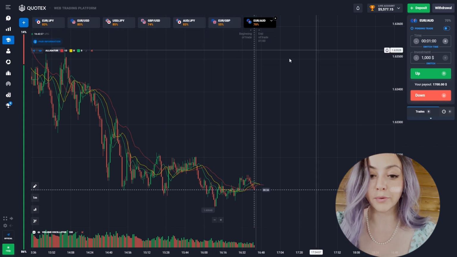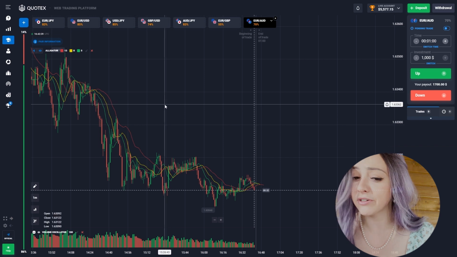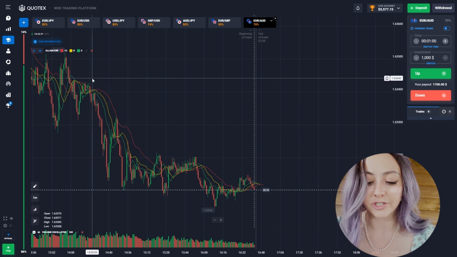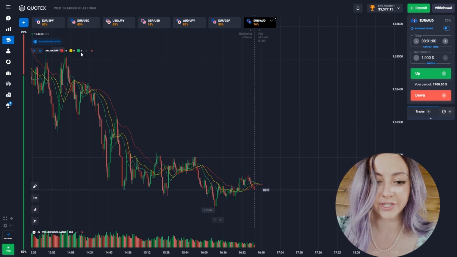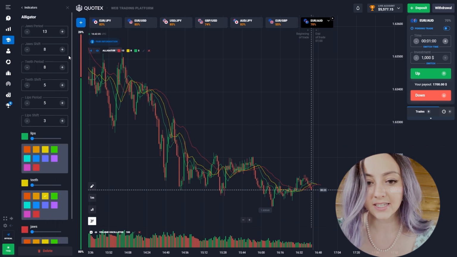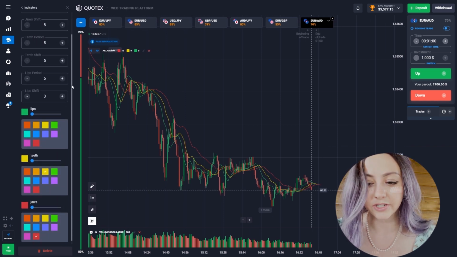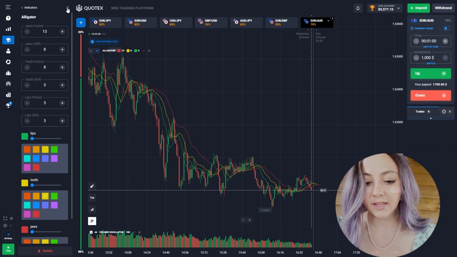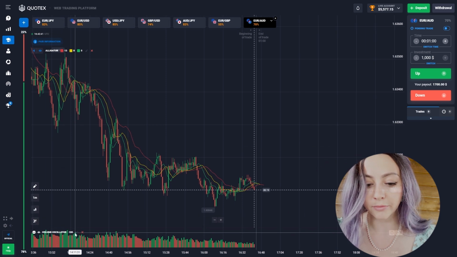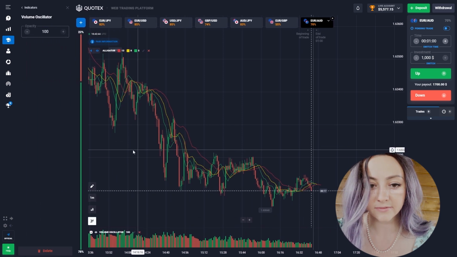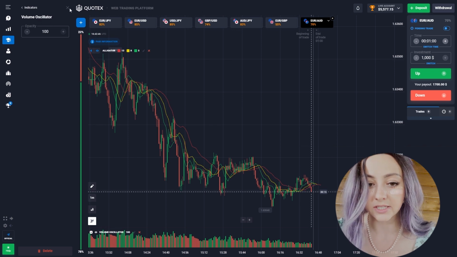And also we worked with our helpers, which are pretty common, and you can just pause this video and copy paste all the settings of the alligator and the volume oscillator settings, you can see them right here.